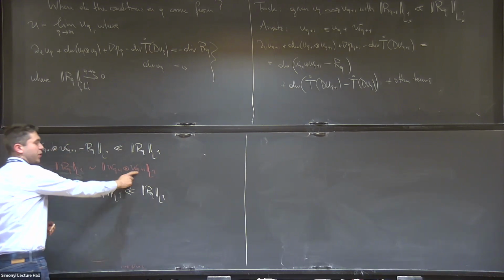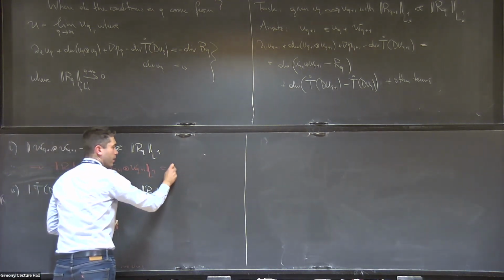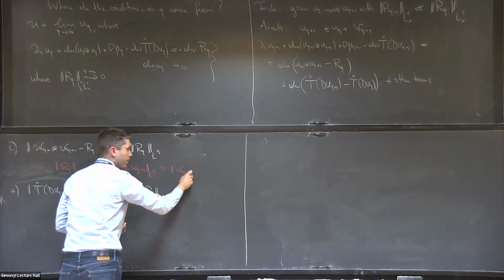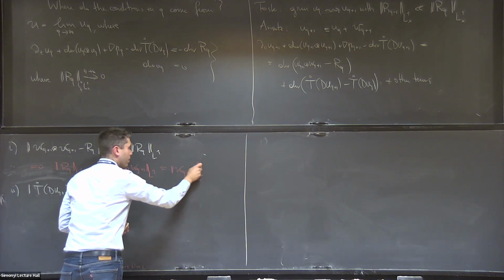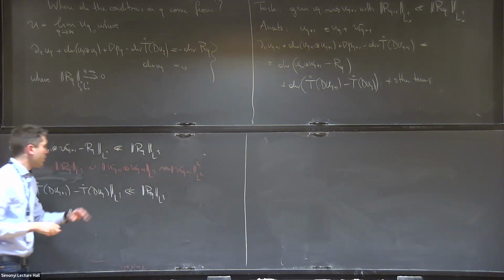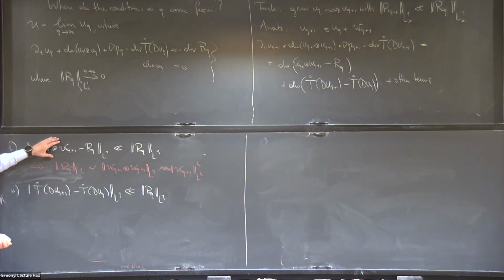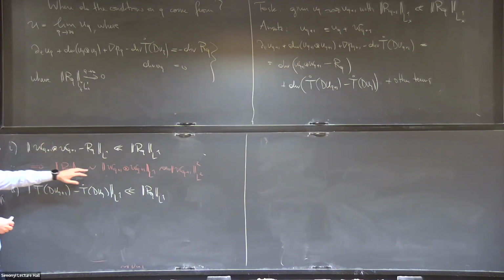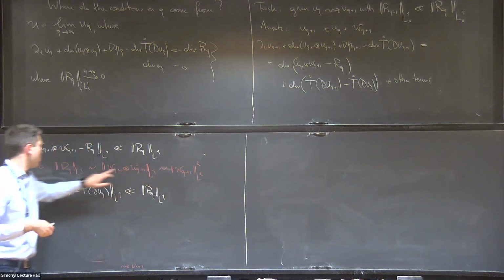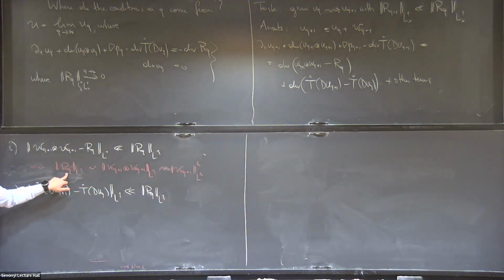And well, W squared in L1 is W in L2 squared. So from this first condition, we need to be able to design a W perturbation for which the L2 norm of W has to be of the same order as the L1 norm of the old error. This is the first requirement.